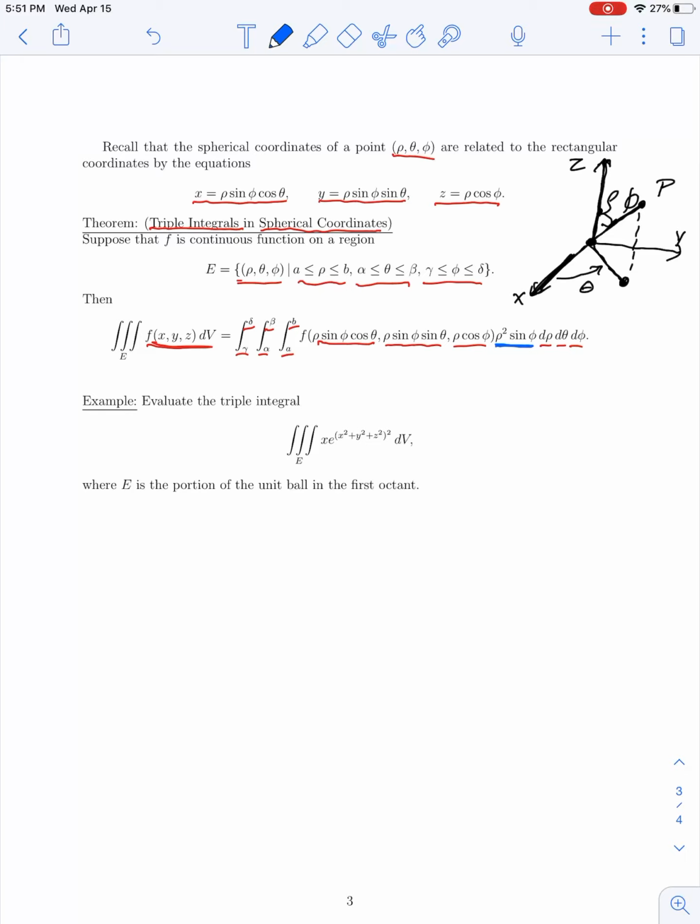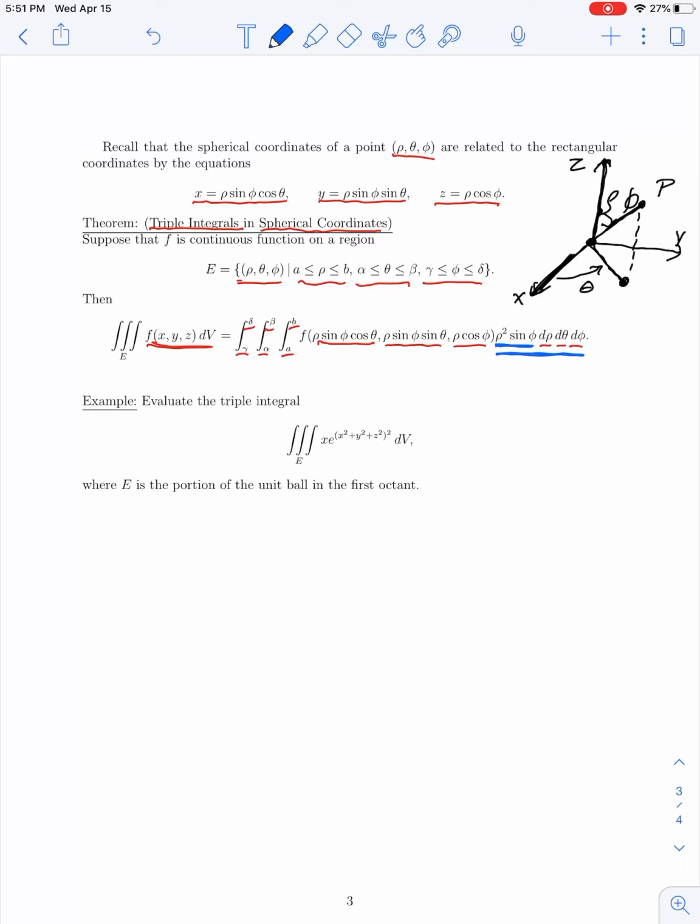So just like we had the area of a region described in the plane in terms of polar coordinates as given by r dr d theta, for spherical coordinates we pick up this extra factor that's accounting for the volume expressed in terms of spherical coordinates. It's given by rho squared sine phi. So we have got to remember that extra factor that we pick up there.